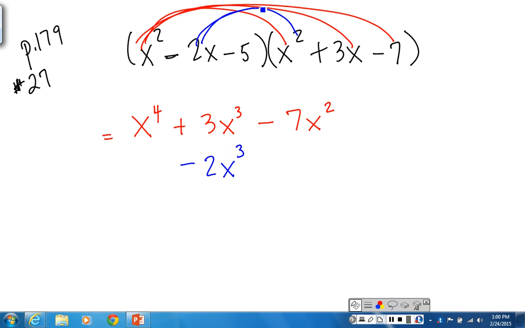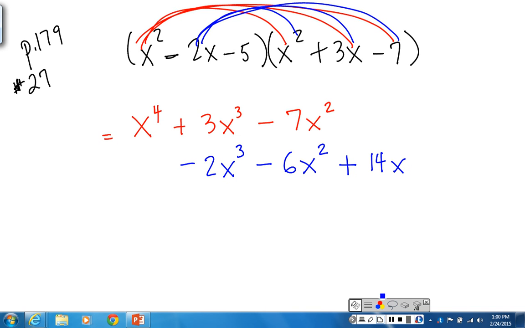Negative 2x times 3x is negative 6x squared. Again, stacking that under the x squared term in the first line. Negative 2x times a negative 7 is a positive this time. Positive 14x.